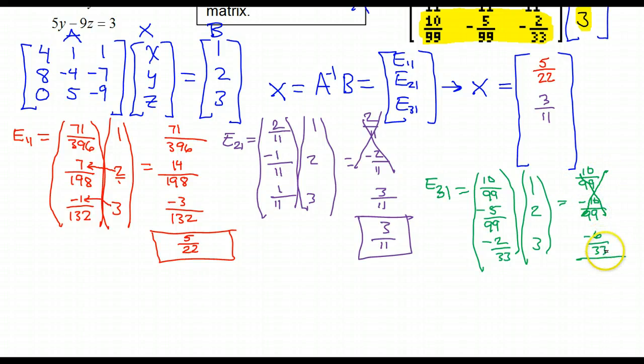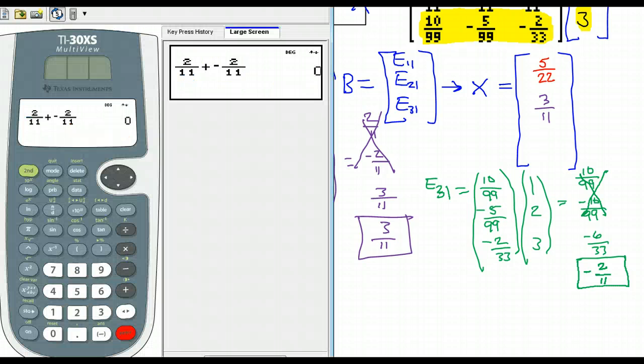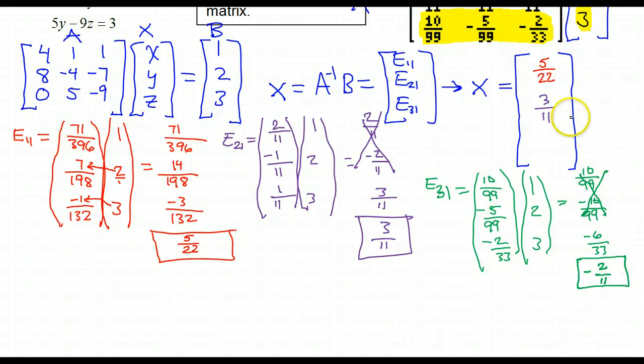So I'm just going to have negative 6 over 33, but this will reduce. Both of these are divisible by 3, so this will be negative 2 over 11, just because you reduce it. See? Negative 2 over 11. Okay, so that is the third and final.